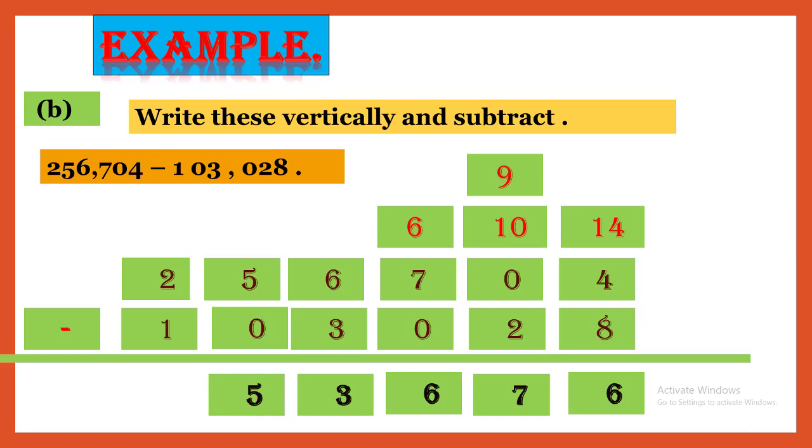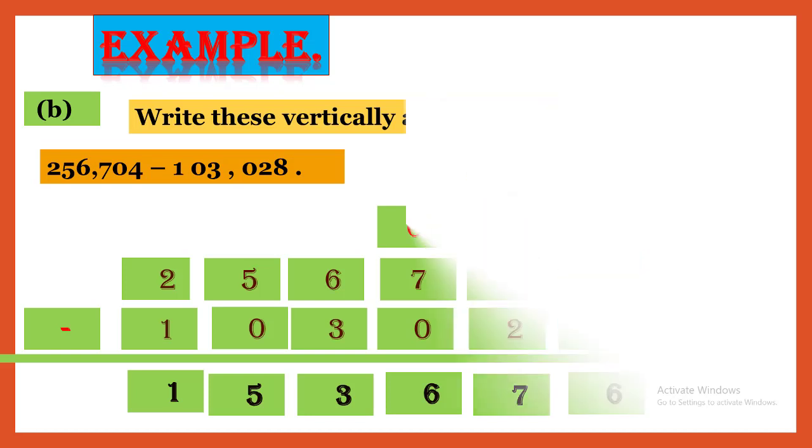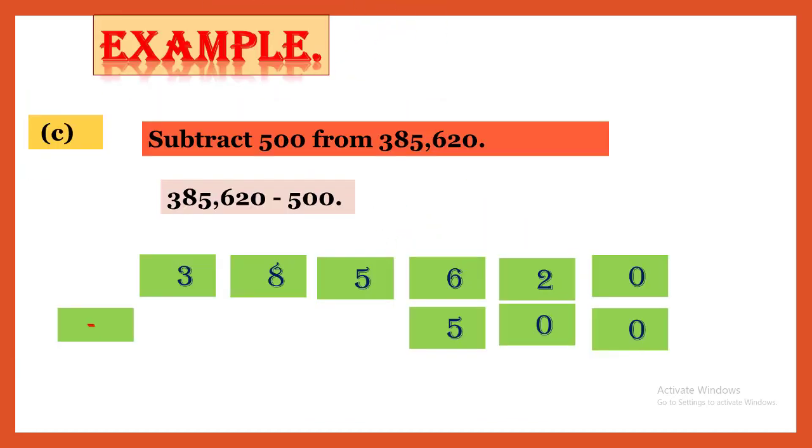And the last column is 2 minus 1 is equal to 1. 256,704 minus 103,028 gives us answer 153,676.